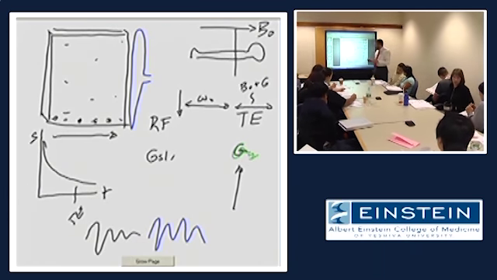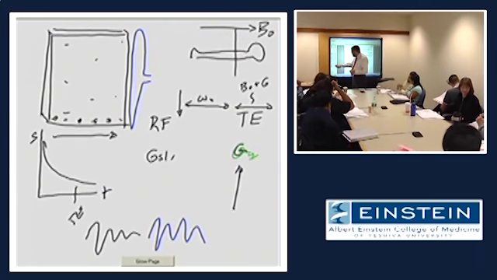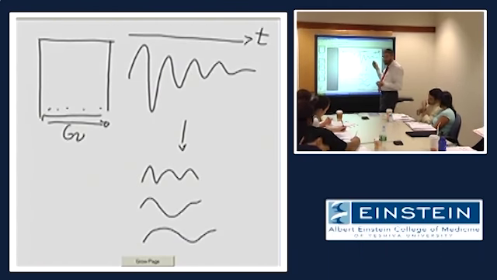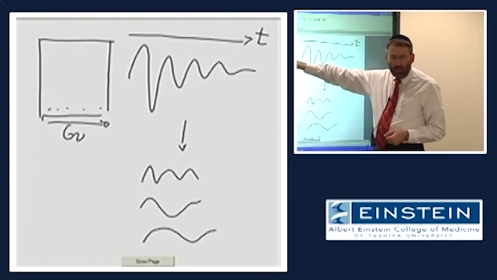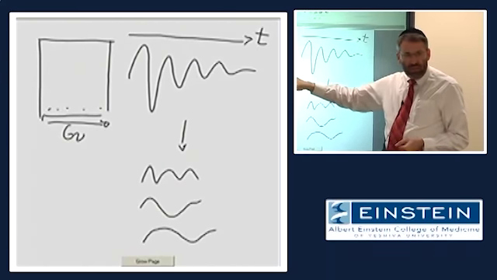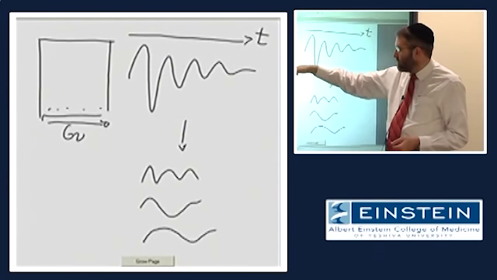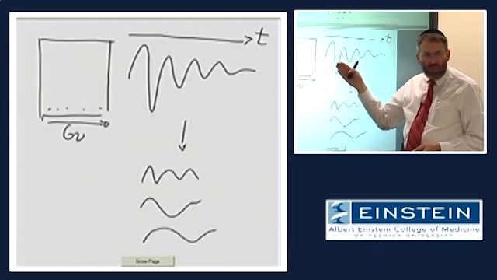Okay. So at this point, we have this complex signal, which comes from everything within this slice, everything left, right, top, bottom, and through the thickness of this slice.